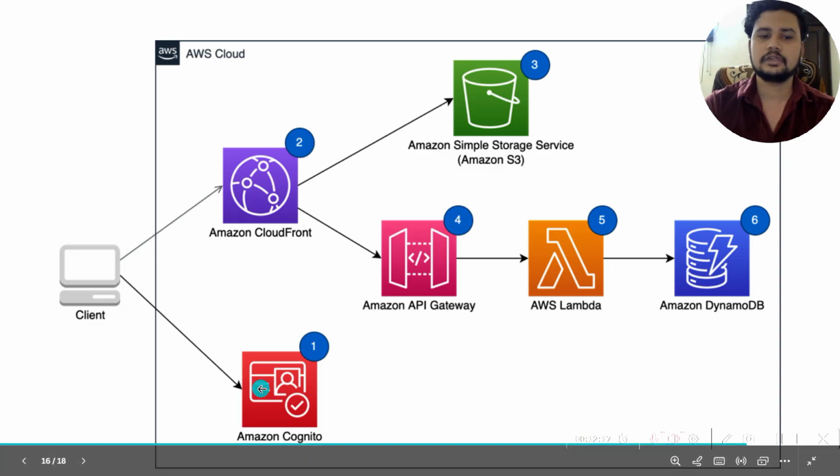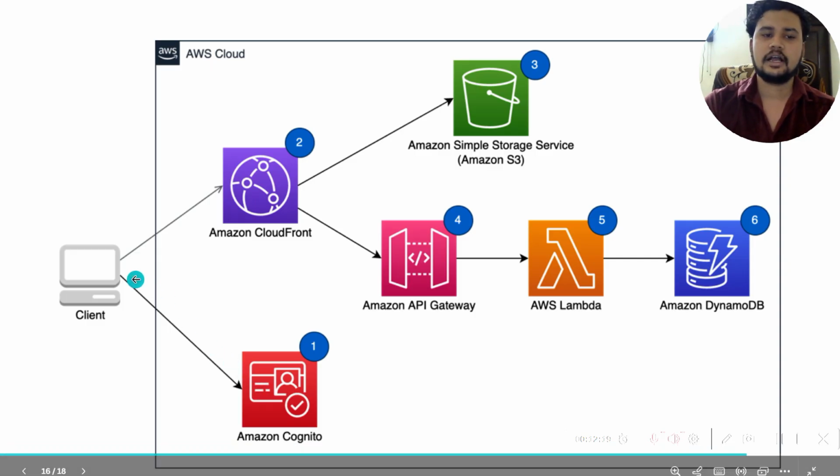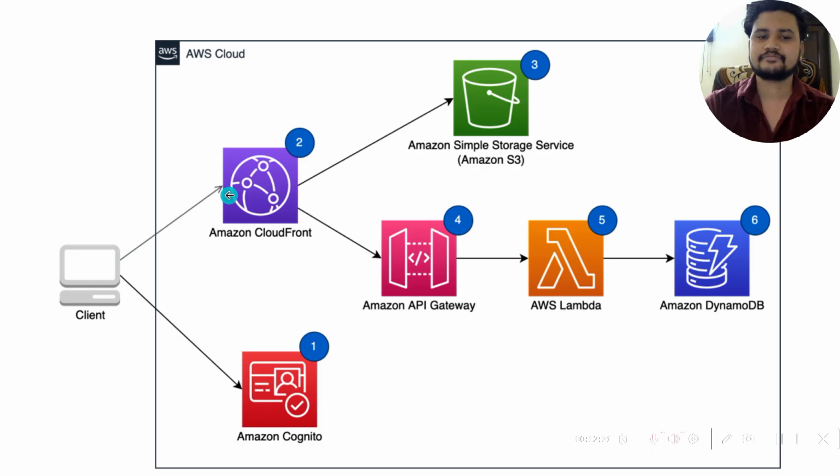Amazon Cognito will do the authentication and send to CloudFront, and CloudFront will check for static objects stored on the S3 bucket. It will get the result, CloudFront will be mapped to the API Gateway, and API Gateway will go to the AWS Lambda. There will be no load balancer in between. That's the advantage of serverless.